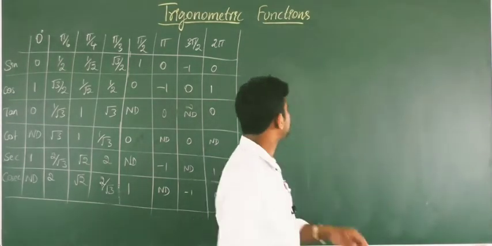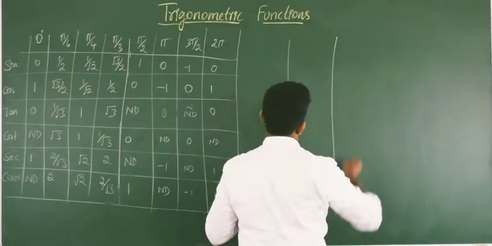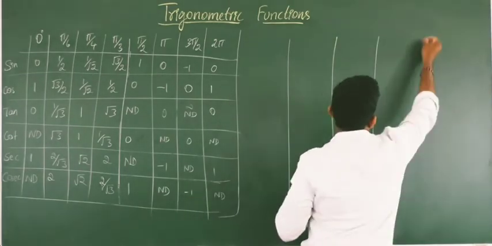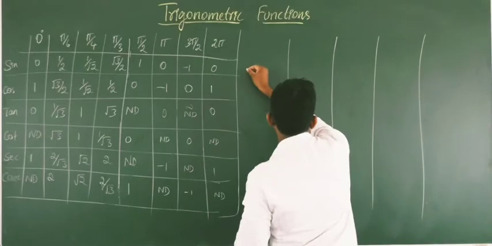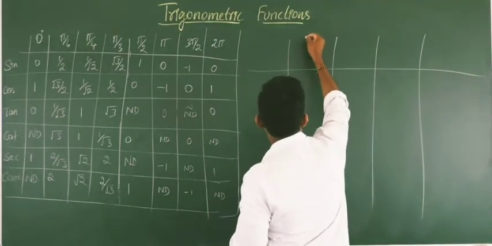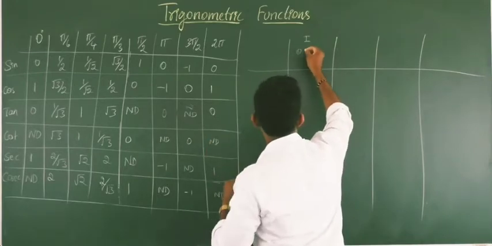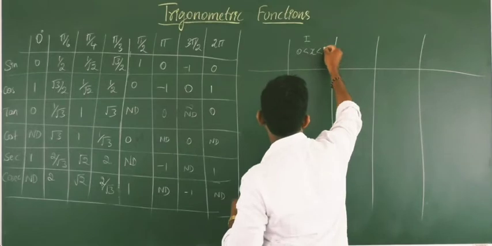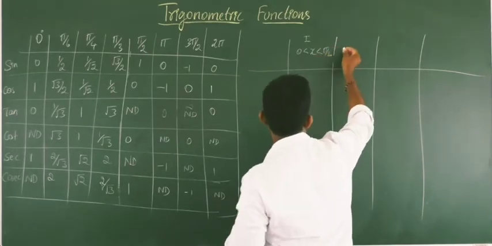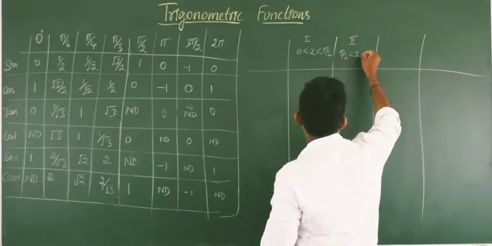I'll consider the quadrants here. Consider this is the first quadrant. Here the central angle x we can take from 0 to pi by 2, first quadrant. This is the second quadrant, pi by 2 to pi.